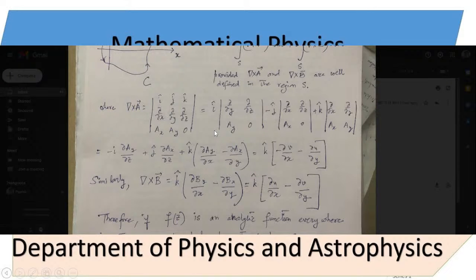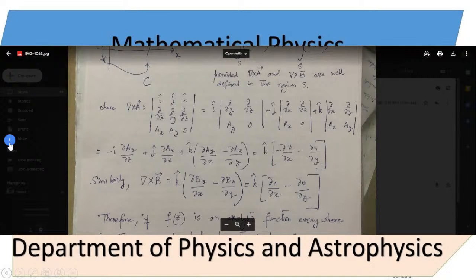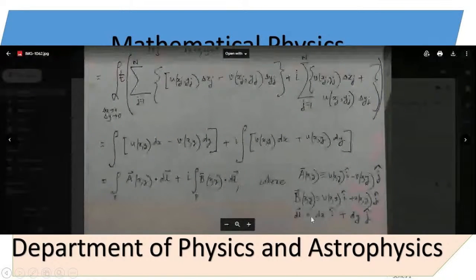Analogously, curl of B will be unit vector k, just substituting B in place of A, you'll get again the same result. Instead of del Ay by del x, you'll get del By by del x. Instead of del Ax by del y, you'll get minus del Bx by del y. But now, By and Bx, what are By and Bx?